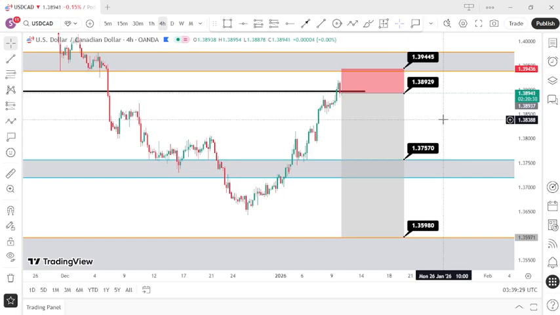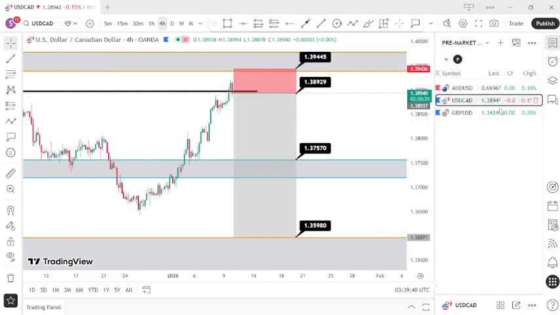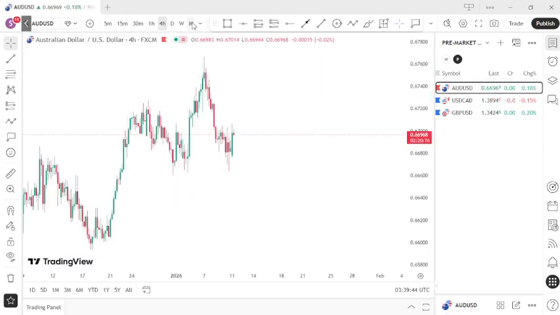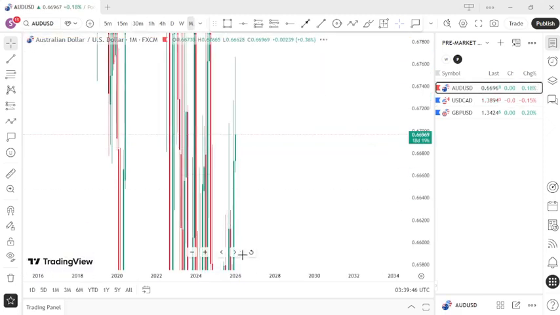So I'm sure by now you are done entering your trade, as I'm also done. So let's continue with the pre-market analysis. Let's look at the last pair on the list, which is AUDUSD.